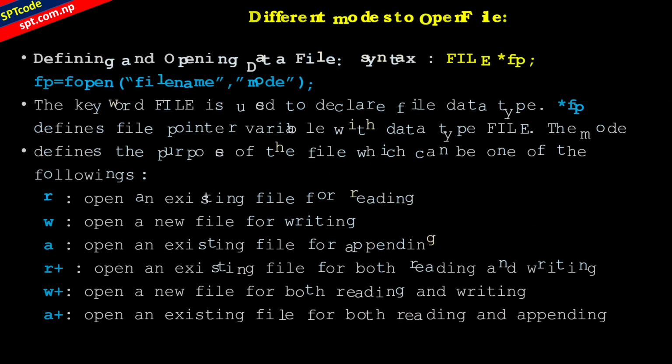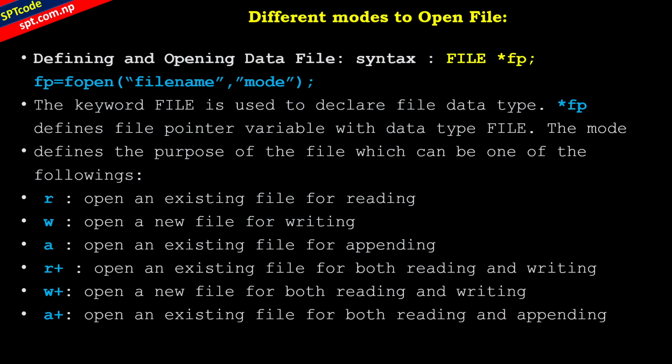Furthermore, in file handling, as I have already told you, we need to create one file or open an existing file. So first we have to use this syntax to open the file. We have to define one file pointer by using capital FILE, and you can give the file pointer name with the indirection sign, the asterisk sign.